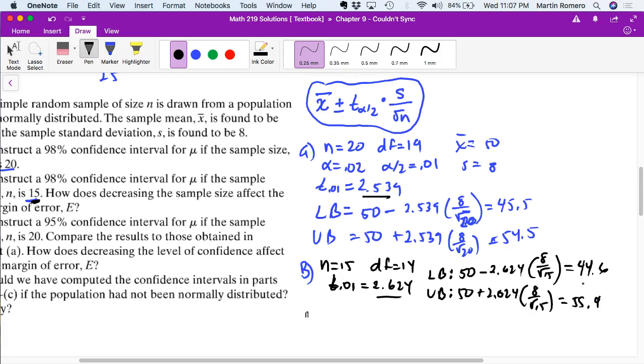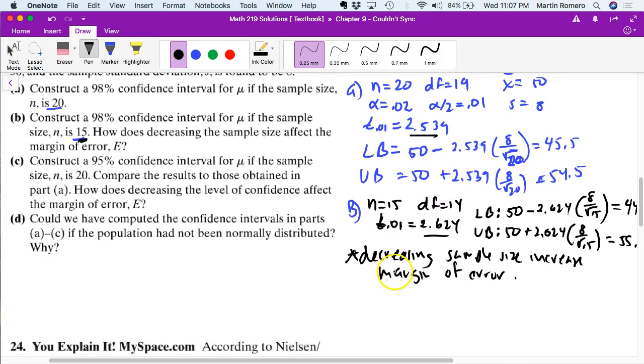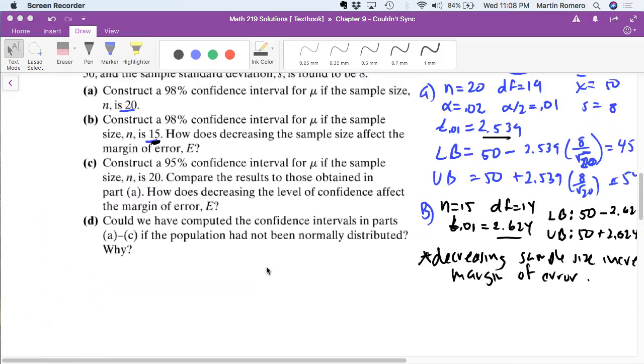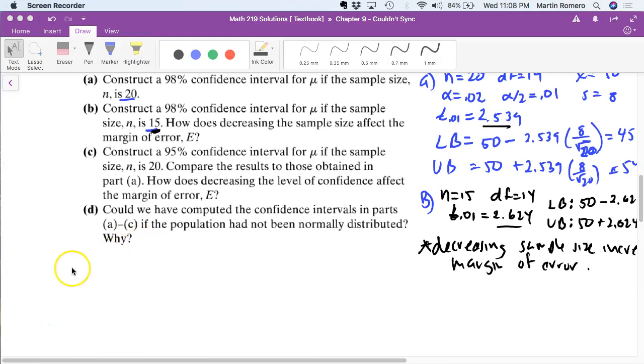So when we're comparing this, this is an important discovery: just decreasing sample size increases margin of error. That's what's going to happen. So that's what we got for A and B. So let's go ahead and look at problem C now.